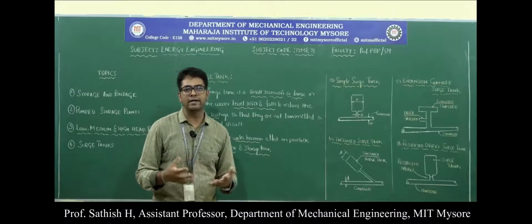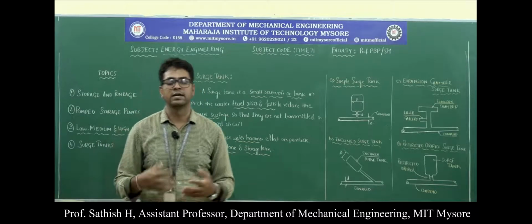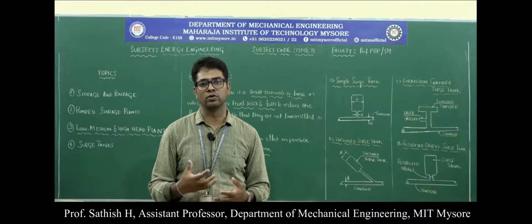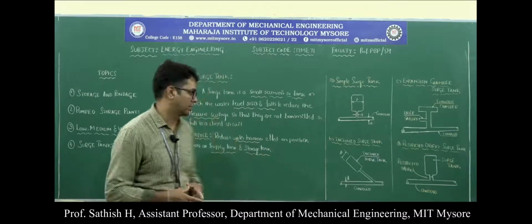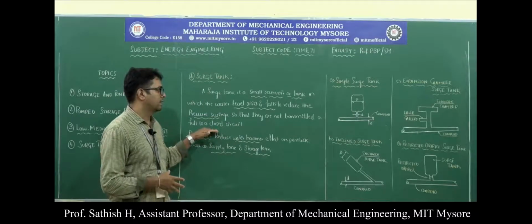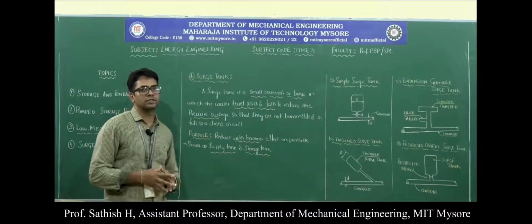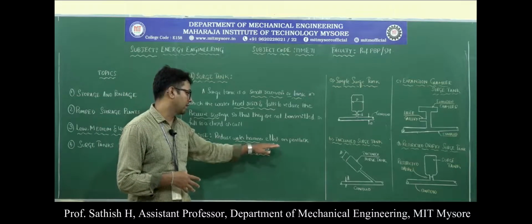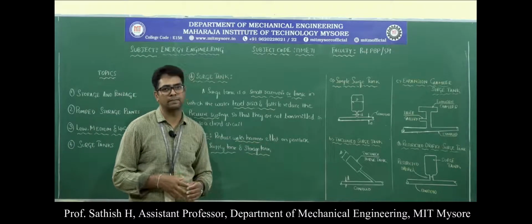If you don't have a surge tank, there are pressure swings inside this closed hydraulic circuit. The purpose of the surge tank is that it reduces the water hammer effect on the penstock.